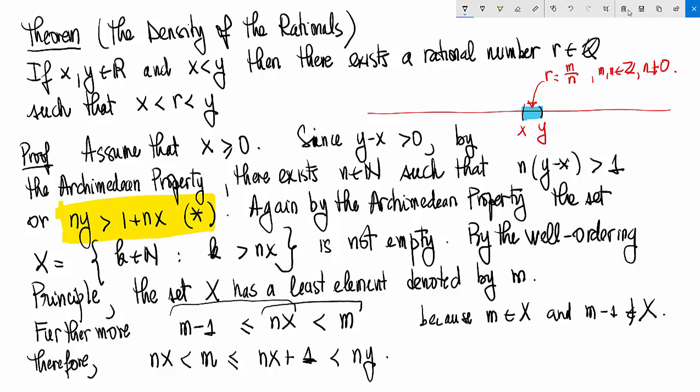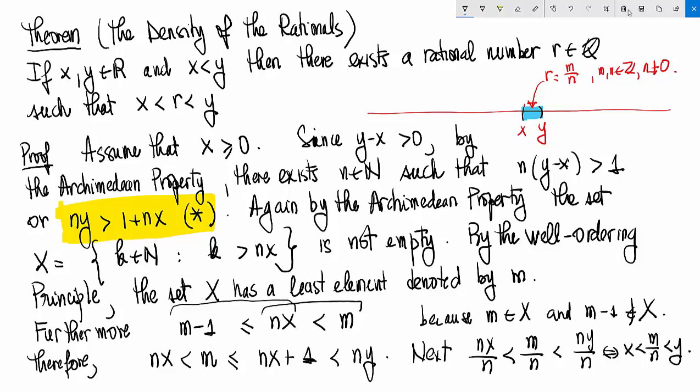So now dividing, now if we divide nx by n, we get that x must then be less than m over n, which is then less than ny over n. And this is equivalent to the fact that x is less than m over n, which is less than y.